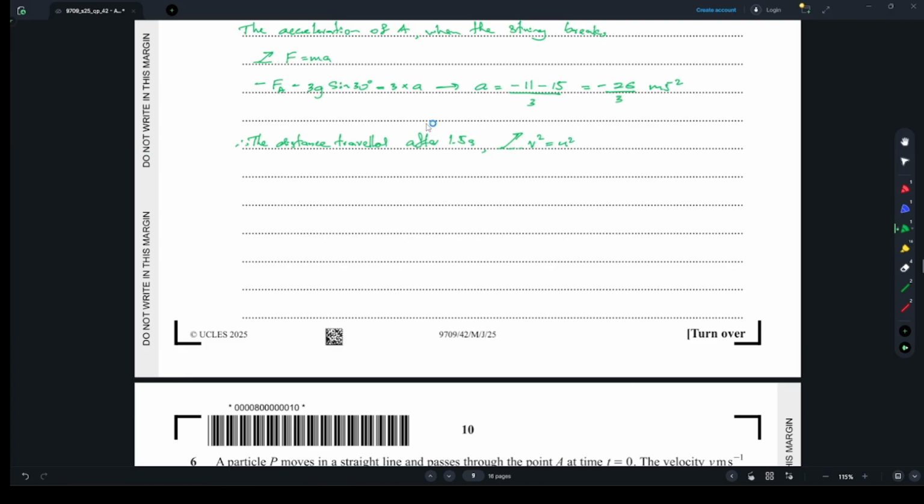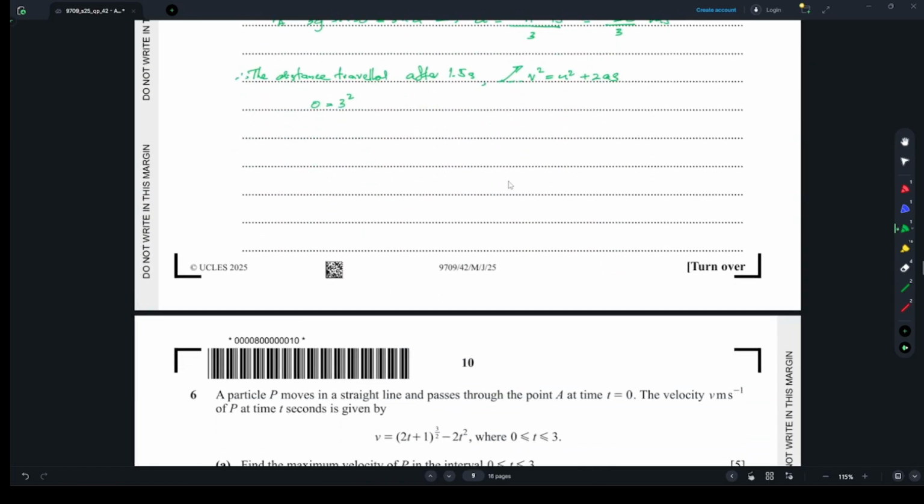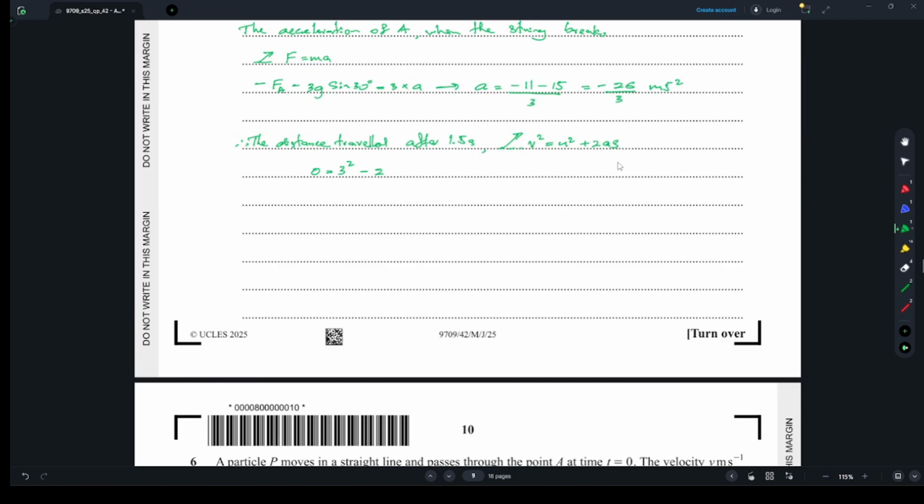So v squared equals u squared plus 2as. So v squared is 0. Initial was 3, which we found, 3 meters per second. And then minus 2 times 26 over 3 times, let's say, S2. I put minus because here our acceleration is minus 26 over 3. So with this one, you can find S2.